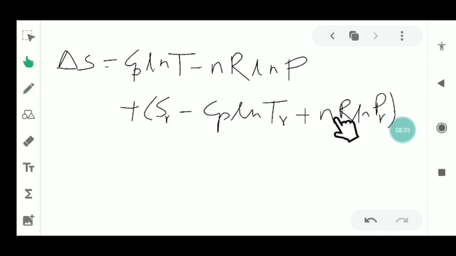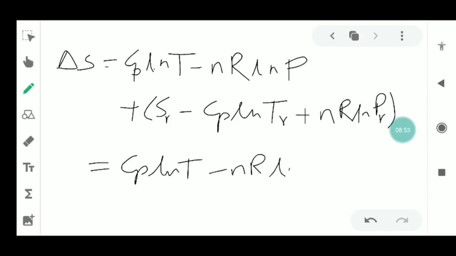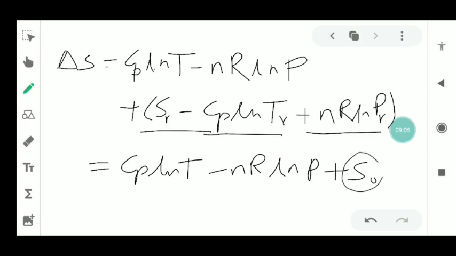Now consider these terms. These only depend on the reference state. Combining all of them and naming them S0, we will get Cp ln T minus nR ln P plus S0, where S0 is Sr minus Cp ln Tr plus nR ln Pr. Okay, so this is the initial entropy and this is the change in entropy.